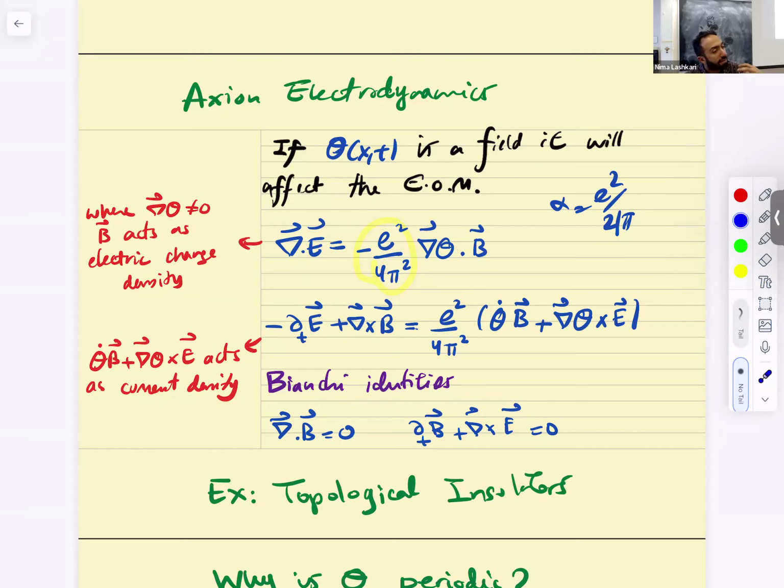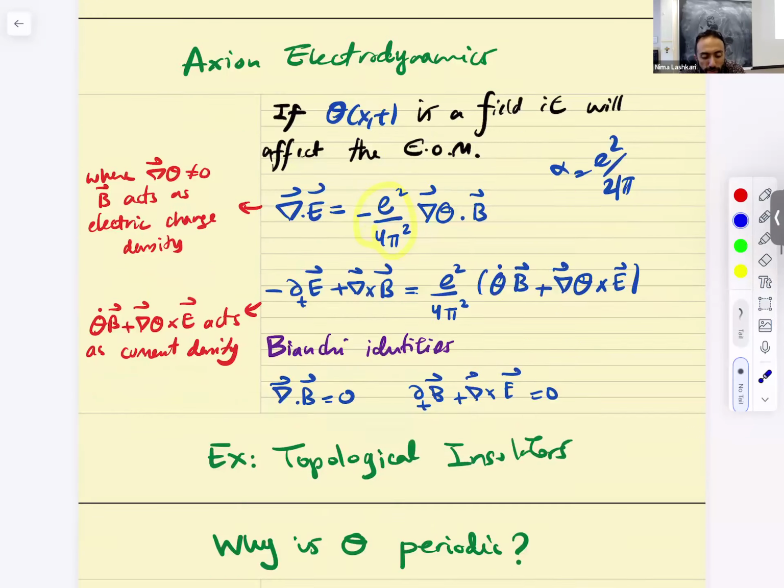It will actually induce charge and current density. We said that if you apply a magnetic field outwards, perpendicular to the boundary, it will create an electric field parallel to B. If you apply an electric field parallel to the boundary, it will create a magnetic field parallel to the boundary outside. All right, those are topological insulators.